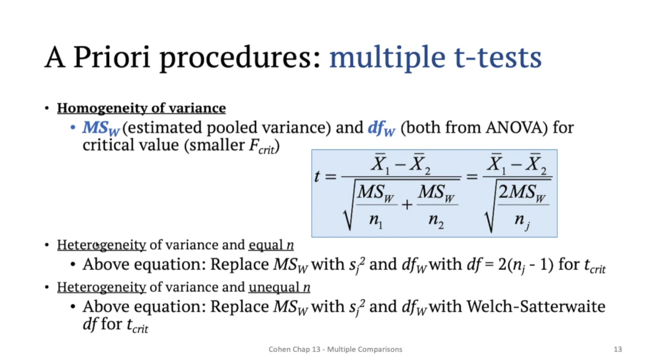If you have heterogeneity of variance and equal n, you can just use these adjustments. If you have heterogeneity of variance and unequal n, so your groups aren't the same size, you can use this adjustment. But note, it's literally just a t-test. So when you're running this, you can literally just use t.test in R to get this.